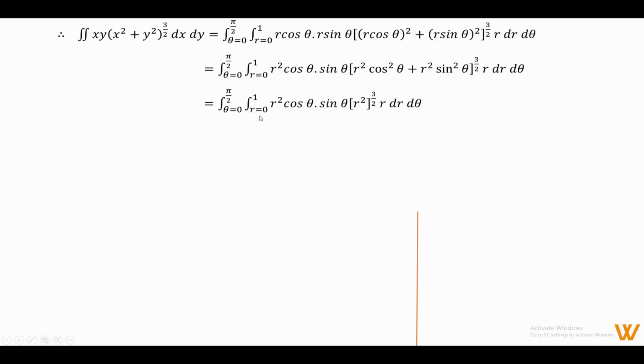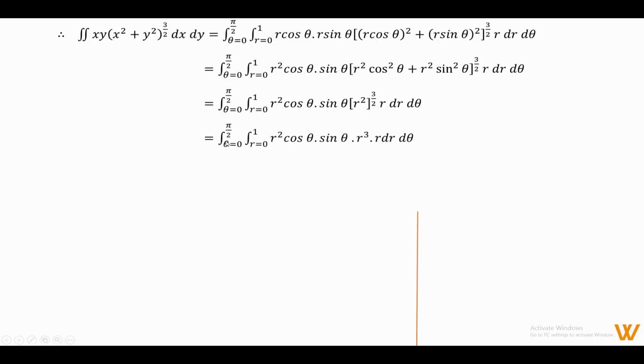We get the integration with limit theta varies from 0 to pi by 2, next the integration with limit r varies from 0 to 1, r square into cos theta sin theta. Inside the bracket r square common into (cos square plus sin square), which is 1, so remains only r square raised to 3 by 2 into r dr d theta. Here the 2 cancels, remains only r cube.